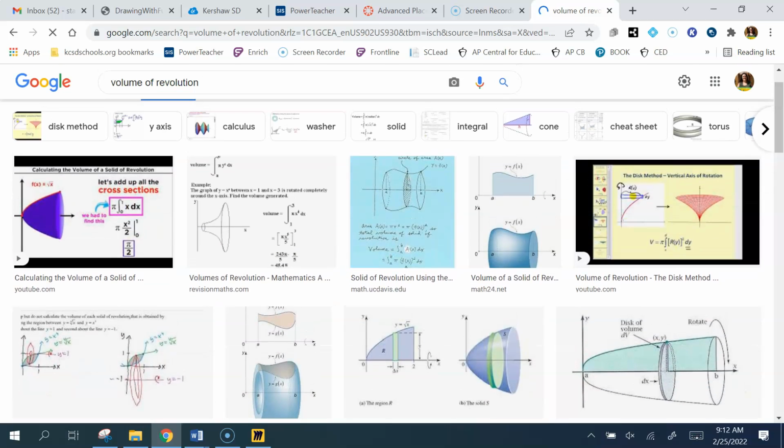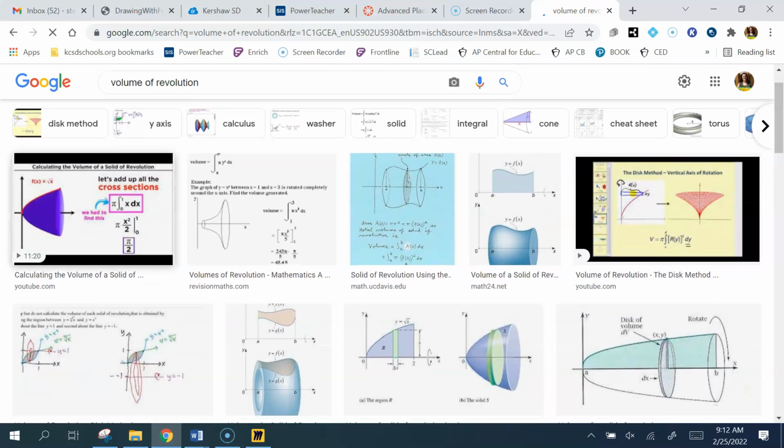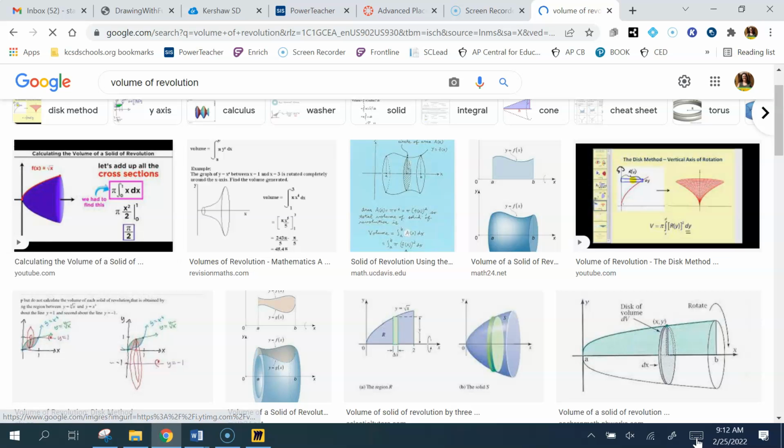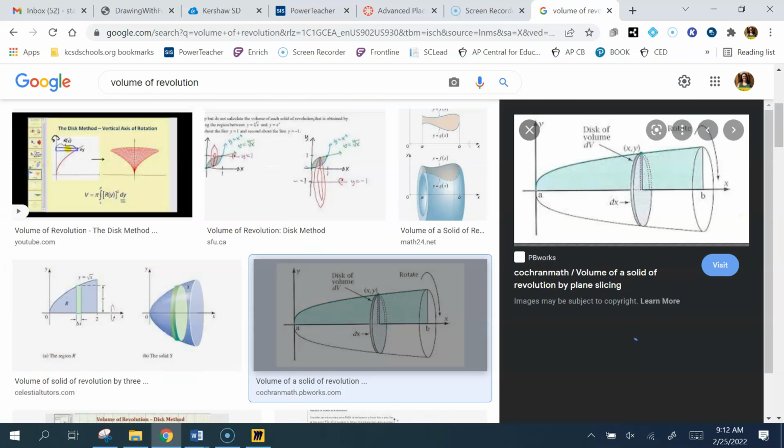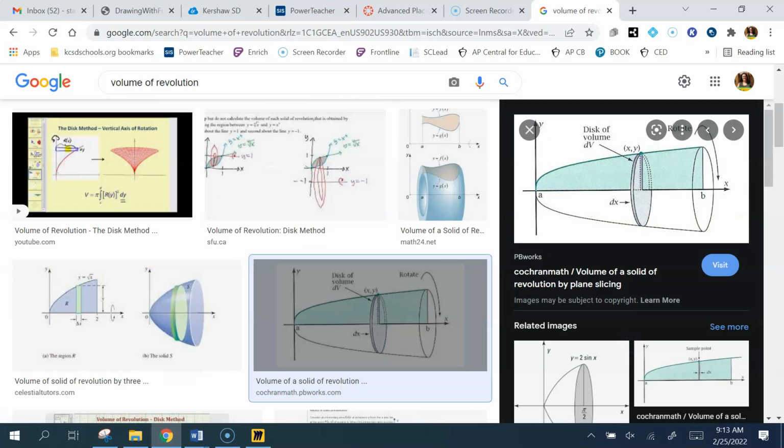Okay, all of these, look at this. If you've got the square root of x squared and you circle it around, it comes out almost like a bell, but still, any place you cut it here, it's going to be a circle. A sliver of it, yes, like that. No, you're cutting it perpendicular to the x-axis.